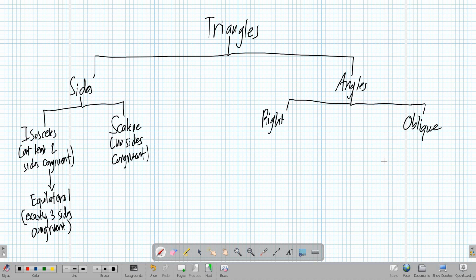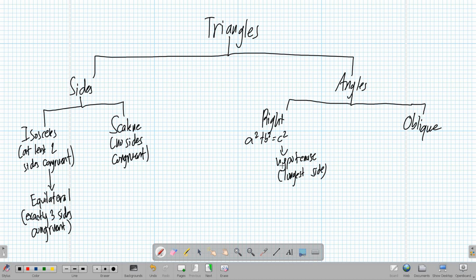Ngayon, pag right yung triangle, dito papasok yung Pythagorean theorem na alam natin, that the lengths of the sides a squared plus b squared equals c squared. C is the hypotenuse, which is the longest side. And a and b are the two shorter sides.